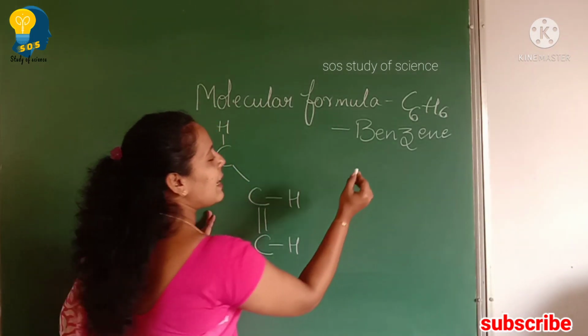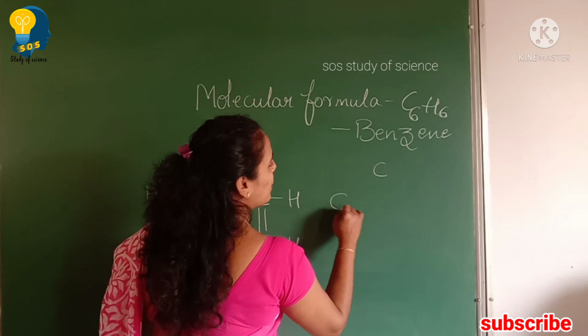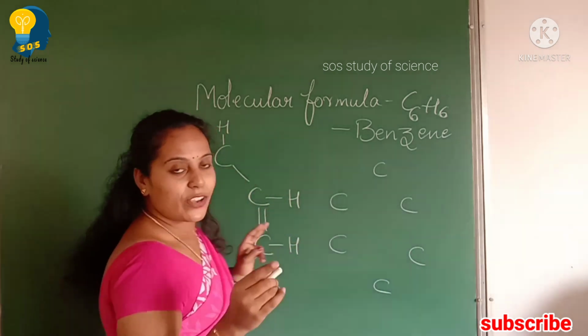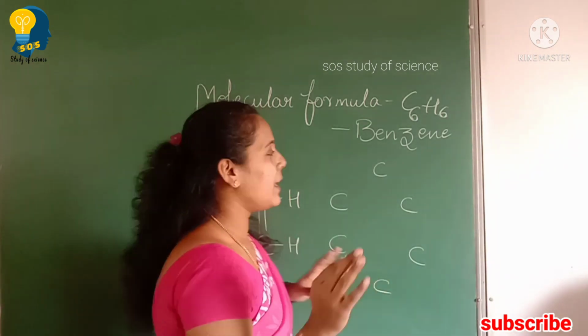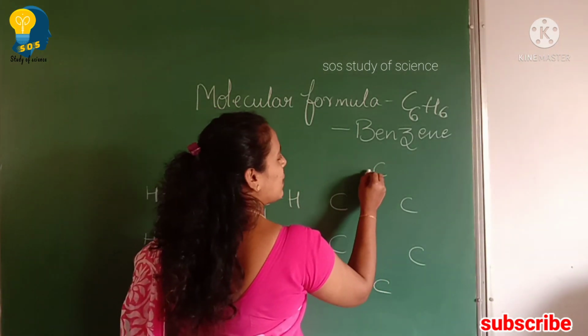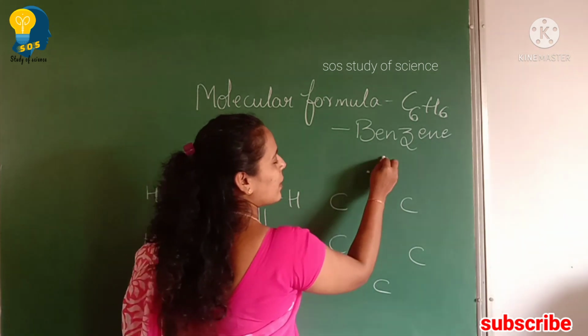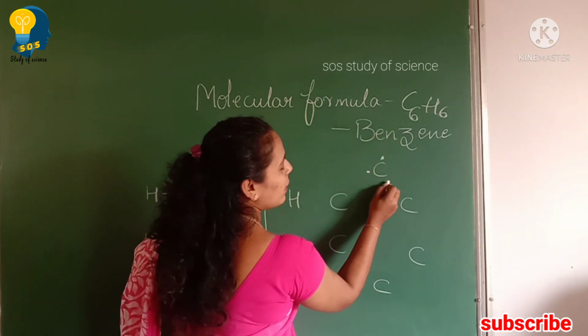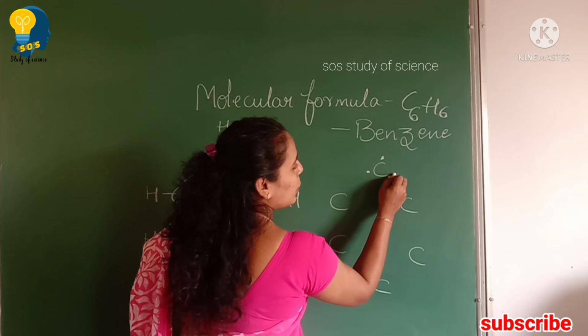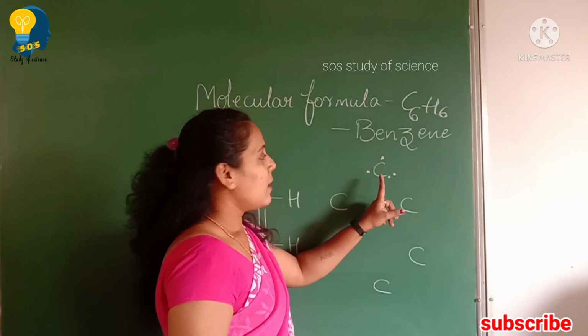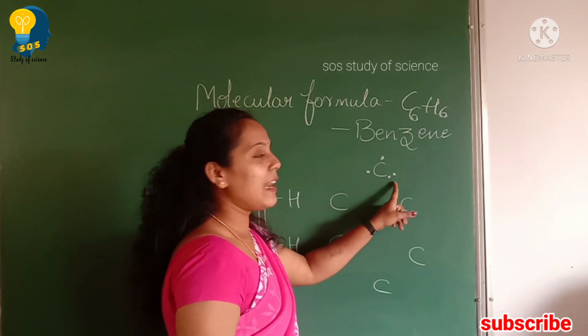Now when we write the electron dot structure, we write the 6 carbons first. Each carbon has 4 valence electrons, everybody knows that. This carbon is sharing 1 electron to bond with the opposite carbon, 1 to bond with the hydrogen, and 2 electrons to create the double bond. So totally 4 valence electrons.